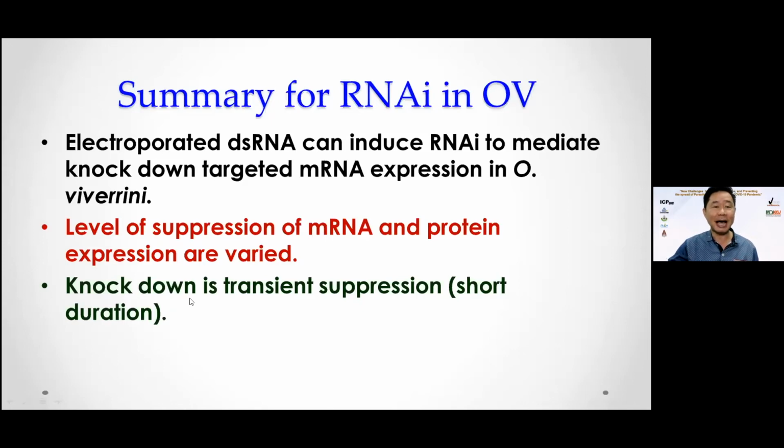So the knockdown effect by RNA interference is transient, of short duration only. So if you want to do functional analysis just for a short time, or in vitro in the test tube, you can use RNAi for your research.